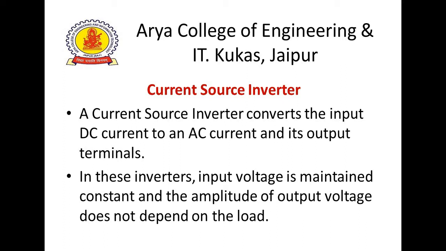The next topic is the current source inverter. A current source inverter converts the input DC current to an AC current at its output terminal. In this inverter, the input current is constant but adjustable.